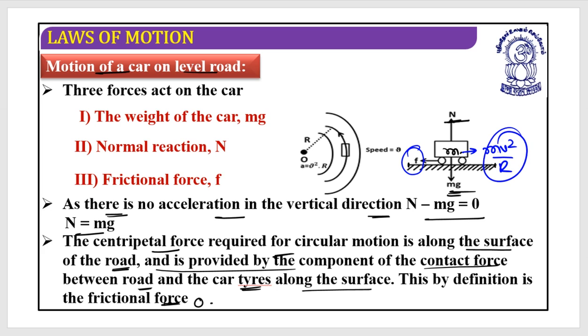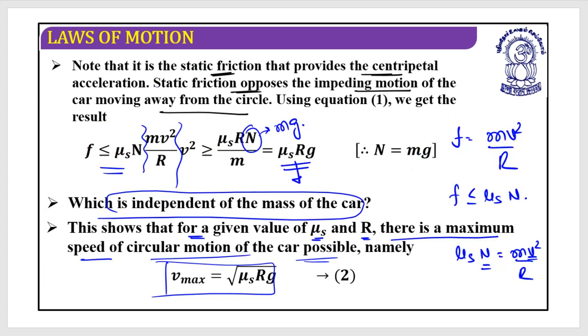So at a certain point F is not able to control this mv square by r, and in that situation your car will move out of the circular path. This is what happens in certain accidents where a circular path was there and certain cars or objects have moved out of the trajectory. Yes, this was the situation.